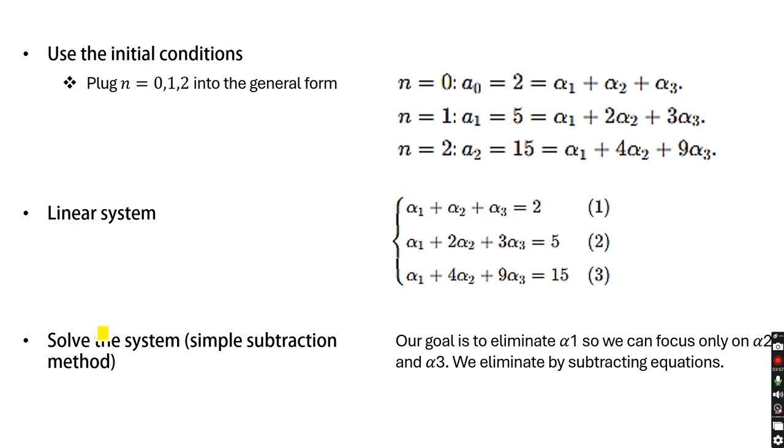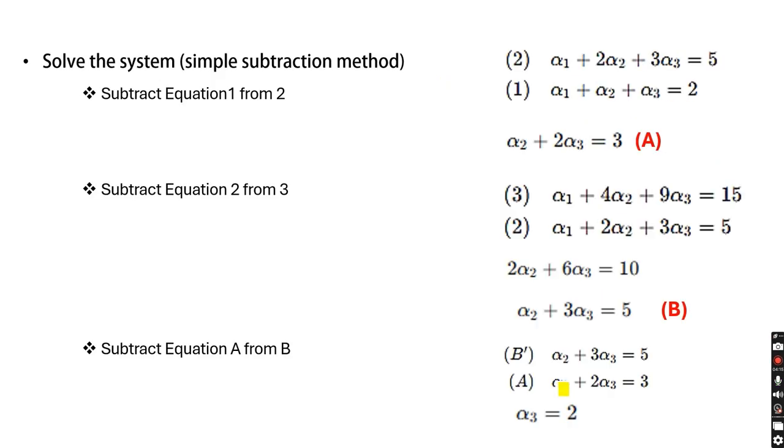So next is we will solve the system using a simple subtraction nga method. So our goal is to eliminate a1, so we can focus only on a2 and a3. So we eliminate by subtracting the equations. So, first is isubtract nato ang equation 1 from equation 2.